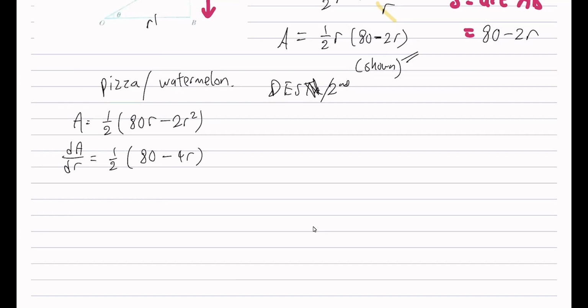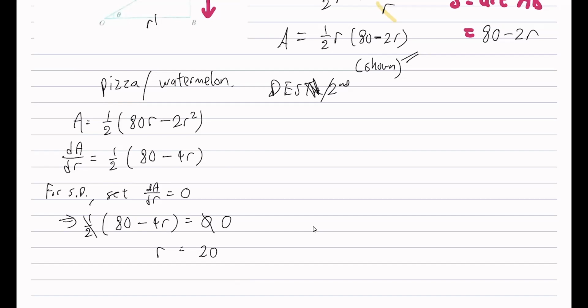Then after that, for stationary points, you equate dA by dR equal to 0, which will give you half times 80 minus 4R equals to 0. The half and 0 can cancel away, you multiply by 2 on both sides, then you end up with R equals to 20.